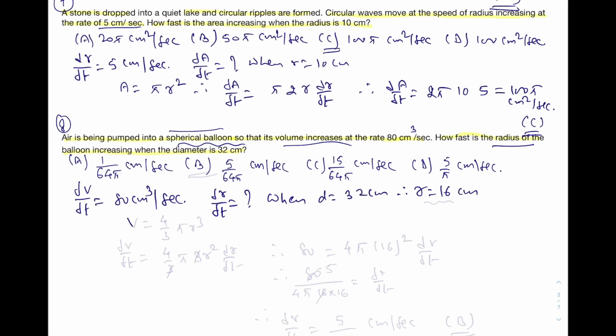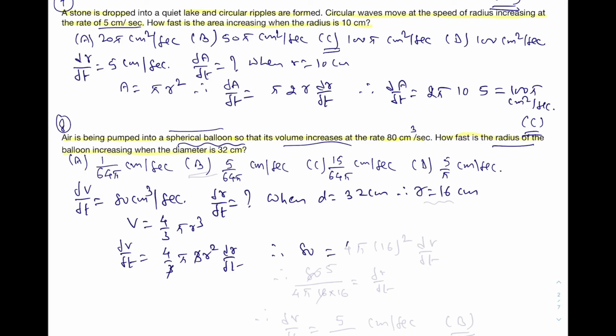So now what is the formula for V? 4 by 3 pi r cube. So dV by dt equals 4 by 3 pi 3r square dr by dt.